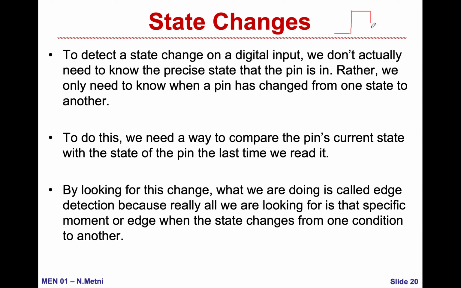What is important for me is to detect when there is a rising edge or a falling edge of the signal, in order to directly check if the state changes from low to high or from high to low, depending on what I need. This is what we will call edge detection.